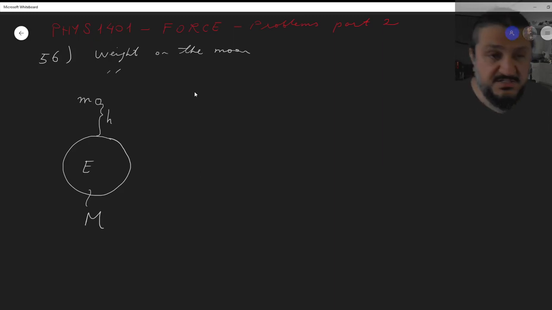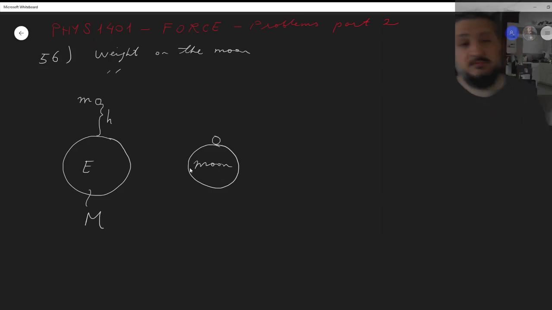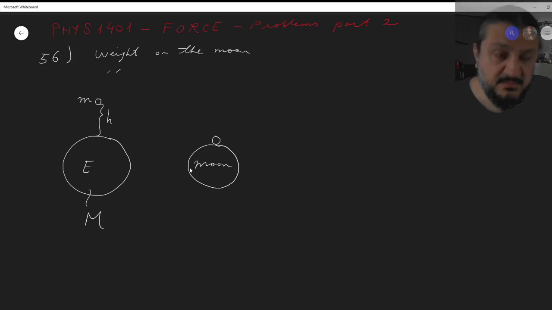Weight changes. So on the Moon, the weight will be different. It's going to be approximately 1/6 of its weight on Earth, because the value of little g is around 1/6 of the value on Earth, right?